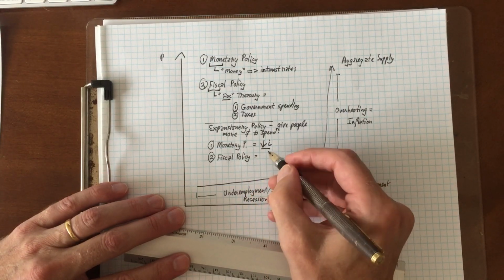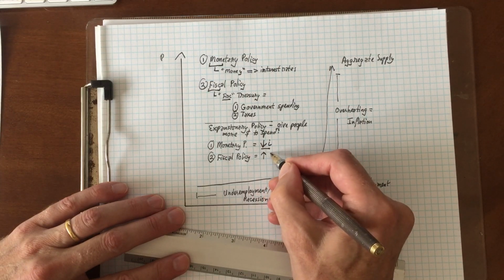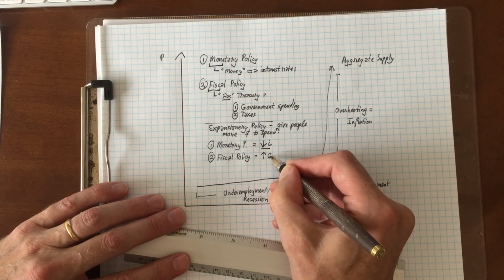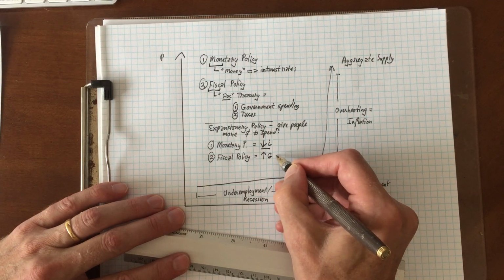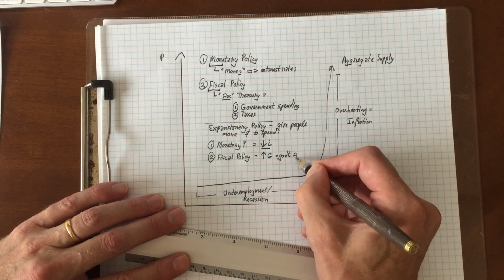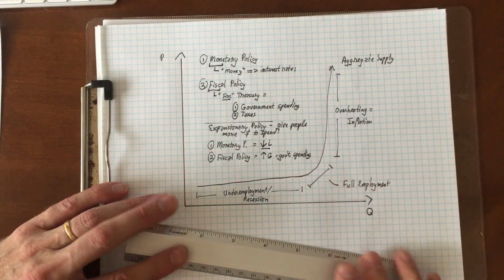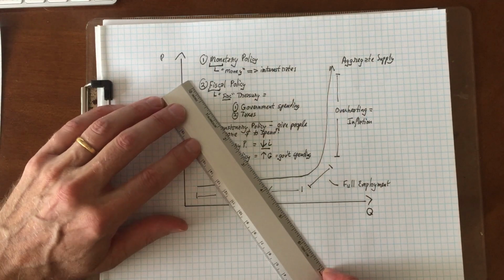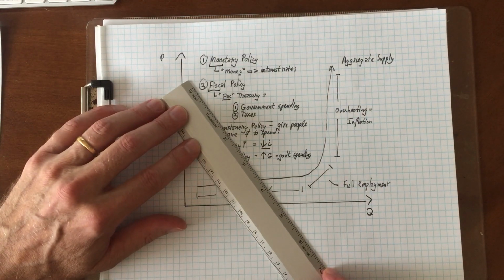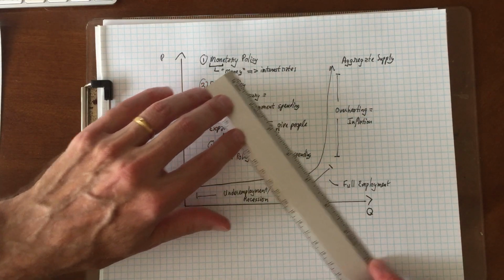So if it's government spending, then what you want is for the government to spend more money. Increase G equals government spending. So the government might, let's say you're here in this situation, the government might give more money to retirees and they spend it.